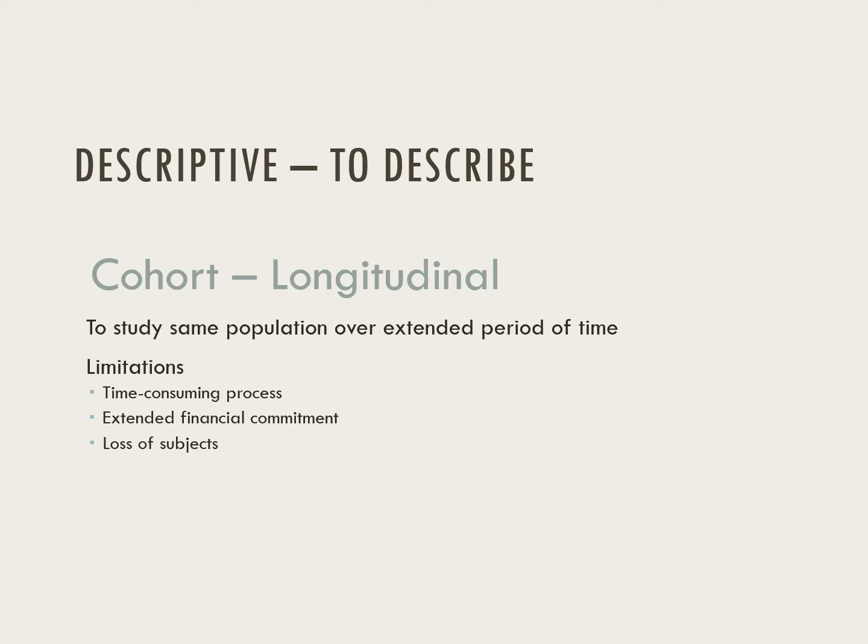And then when you follow someone over time, there is a chance that you will lose some of those subjects. People move away, or maybe they get pregnant and decide to drop out of your study for some reason, or just anything could happen to them, maybe they die, or something could happen to any of your subjects at any time, and that means that they will withdraw from your study, and that's going to mess up the information that you have.